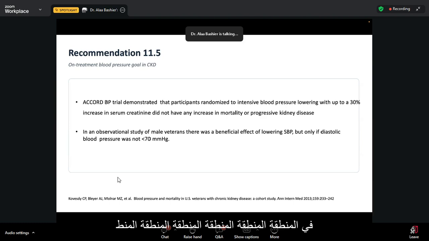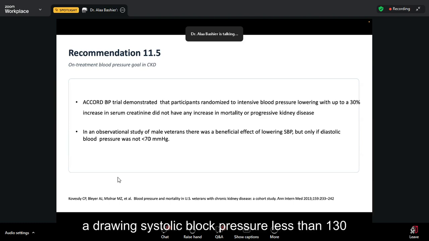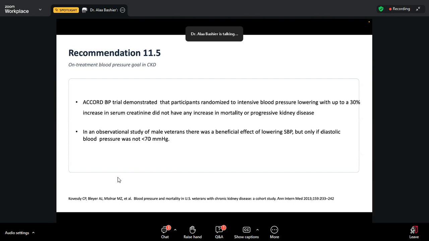So we need to go for a drop in systolic blood pressure to less than 130 and better, in high cardiovascular risk and people with albuminuria, to reduce the blood pressure to less than 120, but make sure that you don't drop the diastolic to below 70. That's why the target diastolic blood pressure is 80.